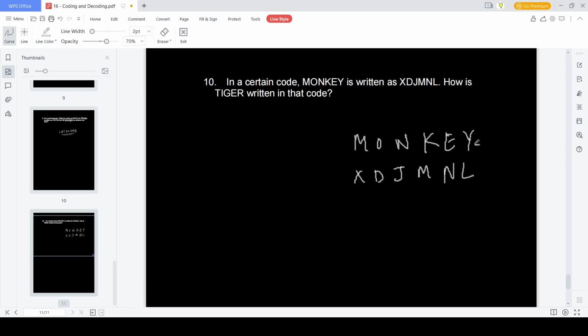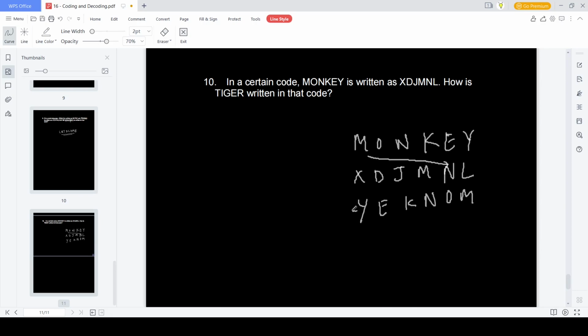This is my understanding: there is a very far alphabet here, and a very far alphabet here. Similarly M and L are very close by, O and N are very close by, D and E are very close by. So I'm thinking there's a crisscross relationship. Let me reverse monkey and write it.